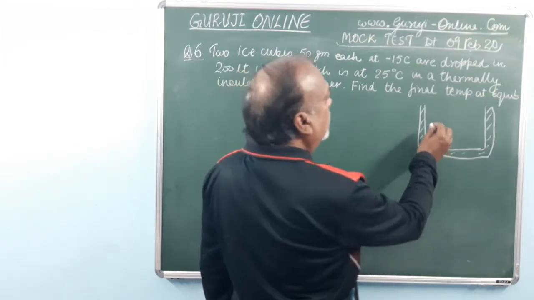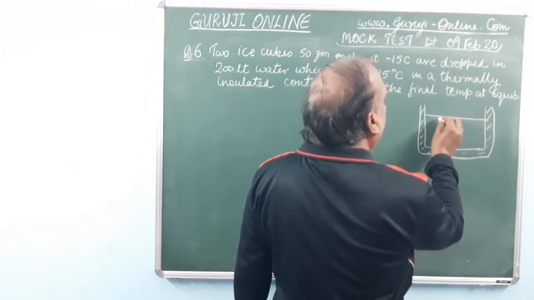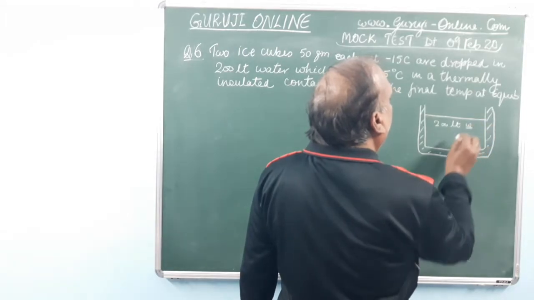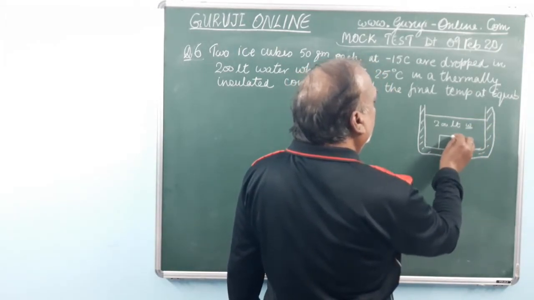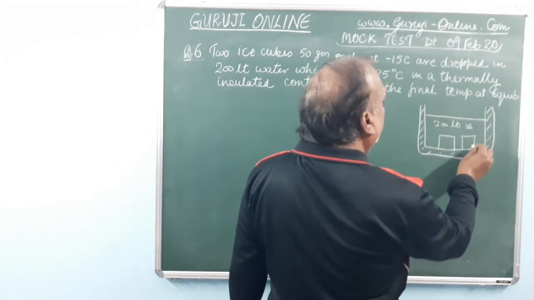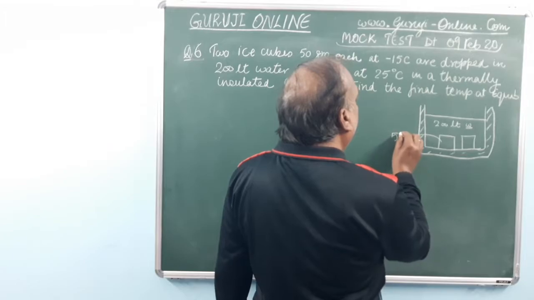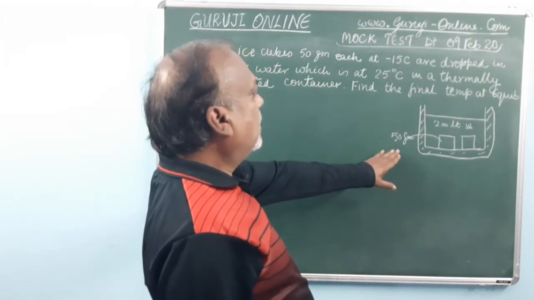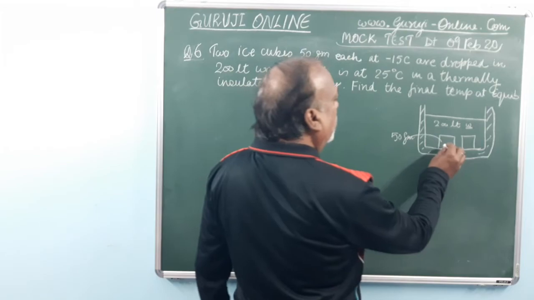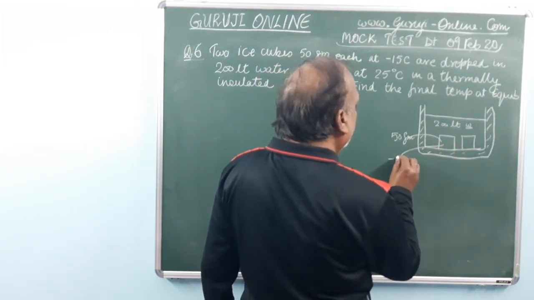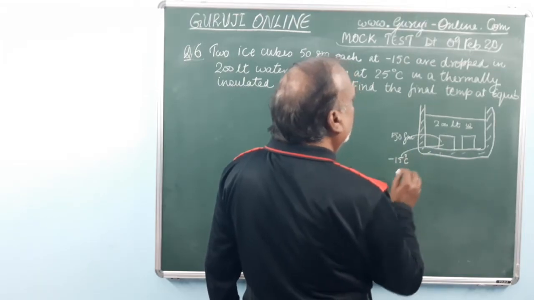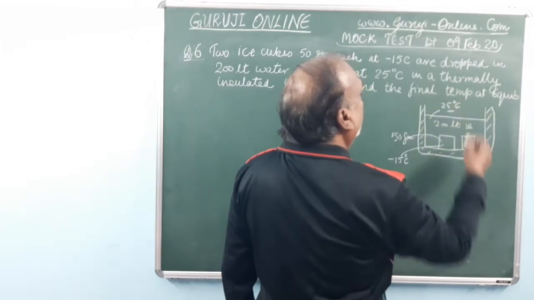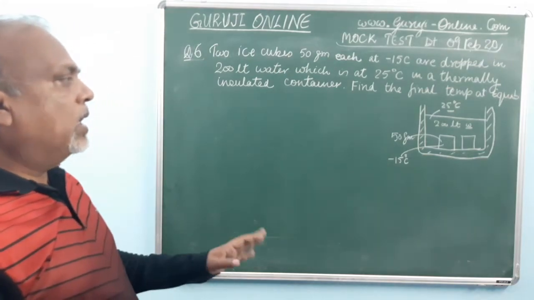So it is thermally insulated, and it has got 200 liter of water, and you have dropped 2 ice cubes which are 50 gram each, and when you drop these ice cubes, their temperature was minus 15 degree centigrade, and this water is at 25 degree centigrade. So this is the question.